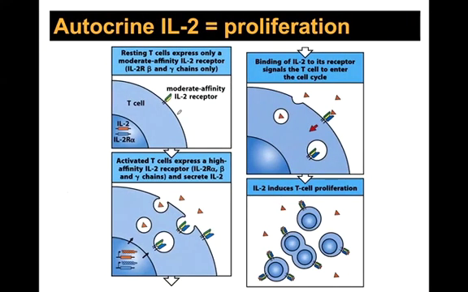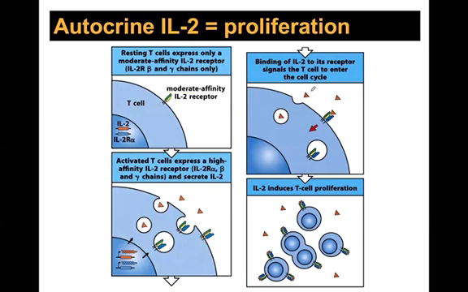And so what's happening here is a resting T cell expresses only the moderate affinity, or the low affinity, version of the IL-2 receptor, okay? And then as it's activated, those signaling cascades are happening, you get activation of NFAT, NF-kappa B, and AP1. You get transcription of IL-2 and the IL-2 receptor alpha chain. So they're making both the cytokine and the high affinity version of the cytokine receptor.